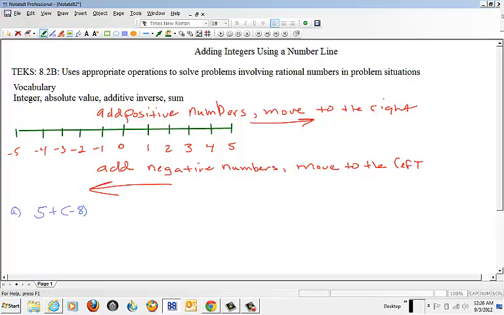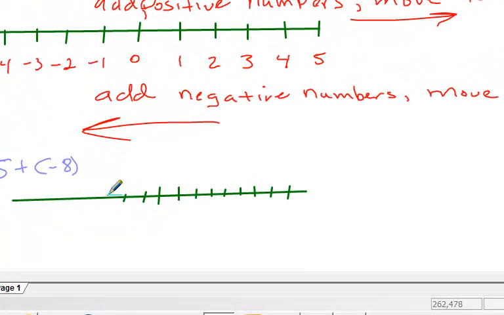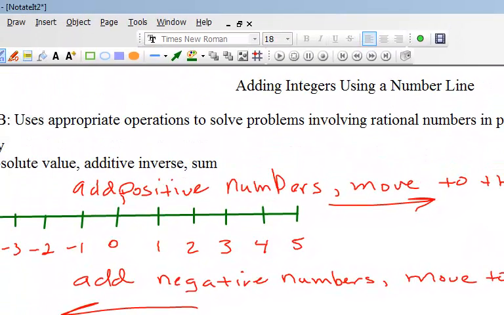Again, we'll draw a number line. 1, 2, 3, 4, 5, 6, 7, 8 on each side. Let's label them.